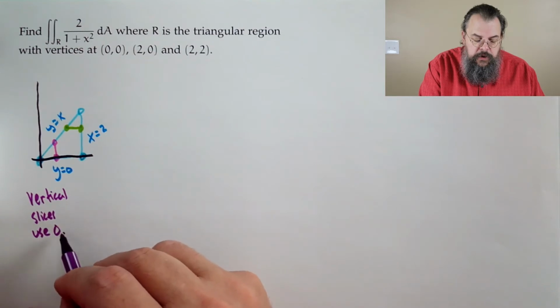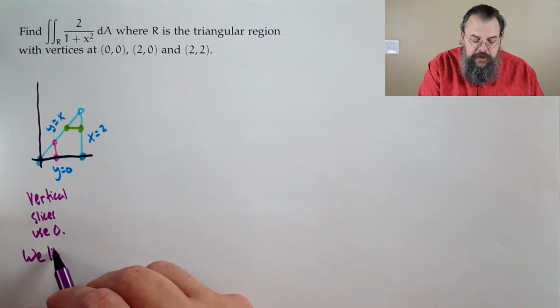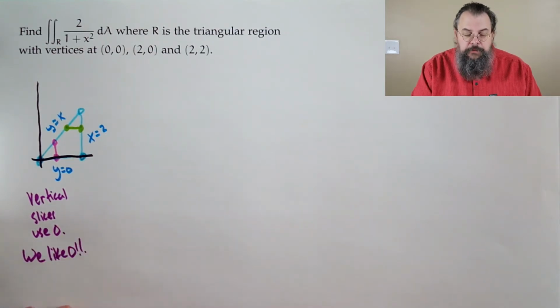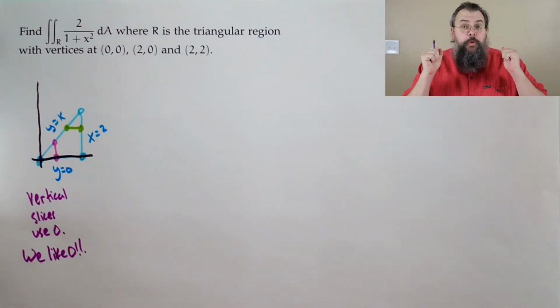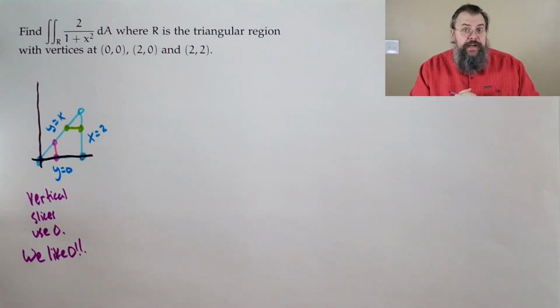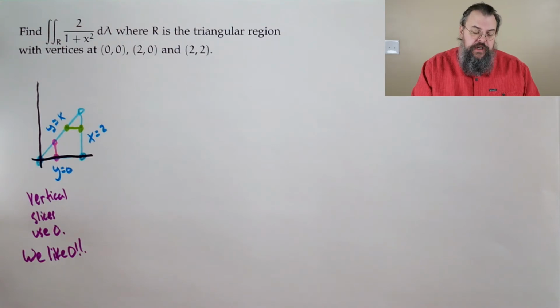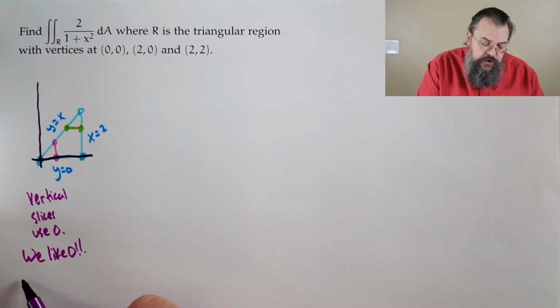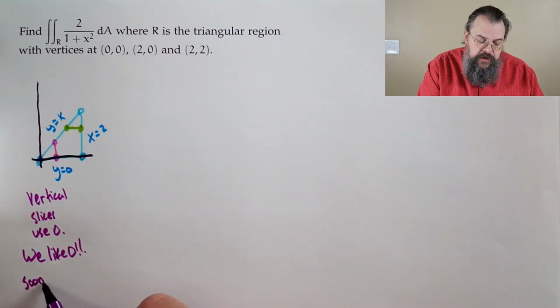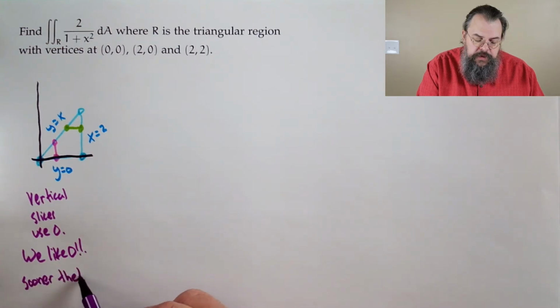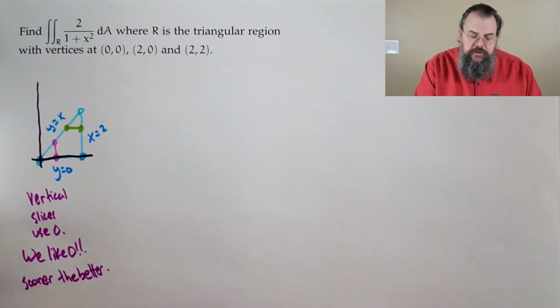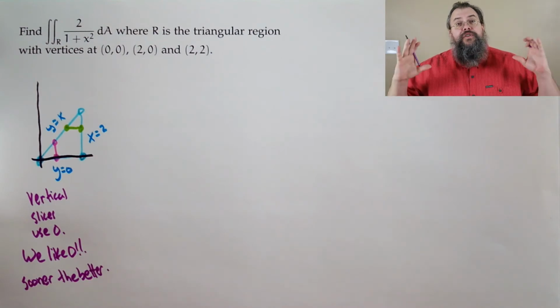Now, we like 0, and that's a really important idea. When possible, try to get 0 into your computations. And in general, sooner the better. Which means that as soon as you can get 0 involved, try to do it.